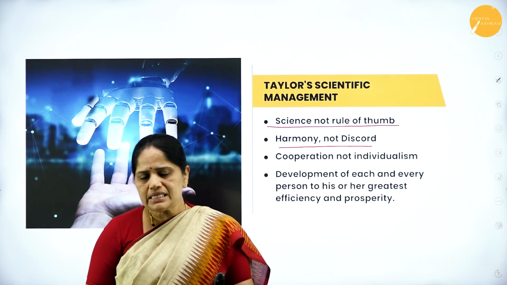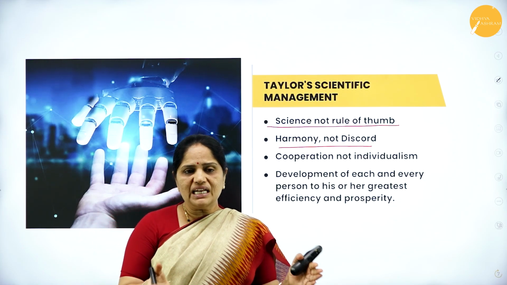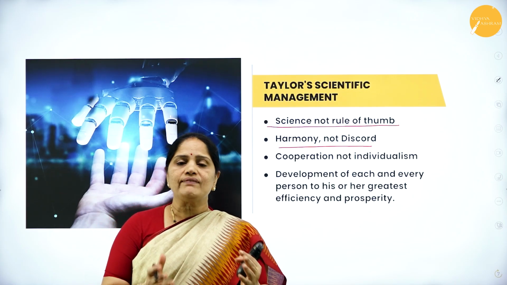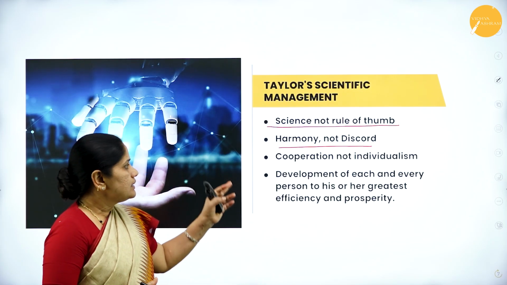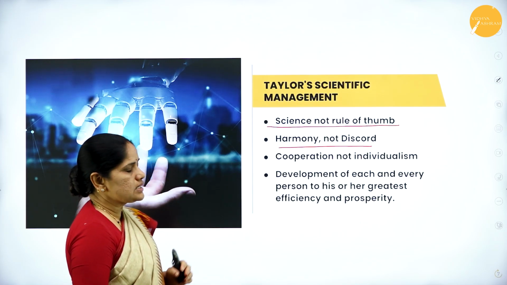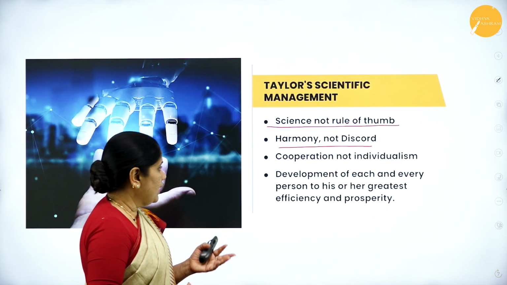Now, the employers need employees, employees also need employers. So, if there is any kind of discord between them, the organization will not survive. So, we have to ensure that there is proper harmony between the employers and the employees. There should not be any disagreement between the management and the employees.